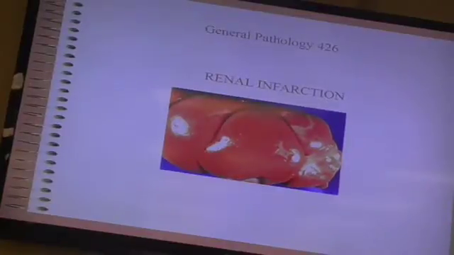Any other species have lobulated kidneys? Yes. You know it is. It's non-domestic animal, very non-domestic. Polar bears. Polar bears also have lobulated kidneys.